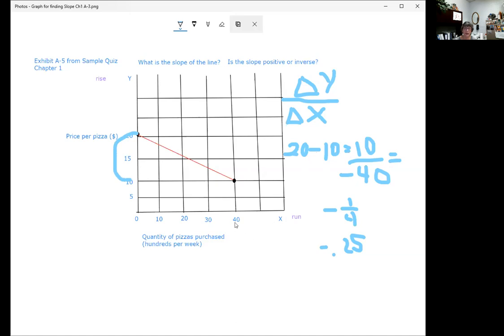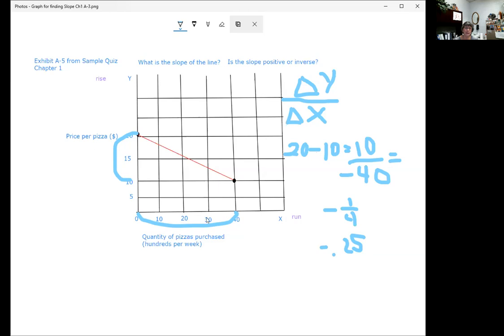Then we're looking at x. What is the change in x? There's nothing on this line, so we're looking at 0 to 40, right, for x. So we have minus 40 because it's negative. So 10 over minus 40 equals minus 1/4 or minus 0.25. So that is the slope.